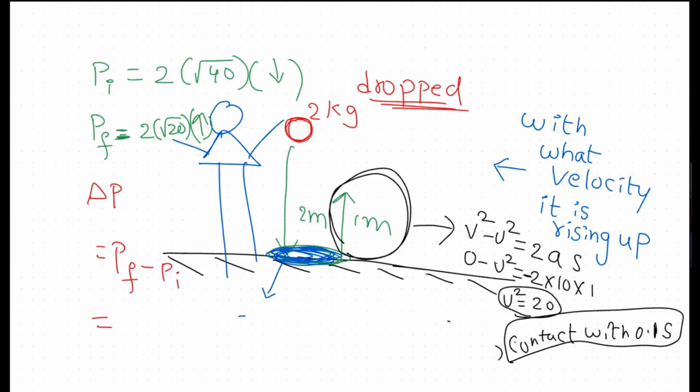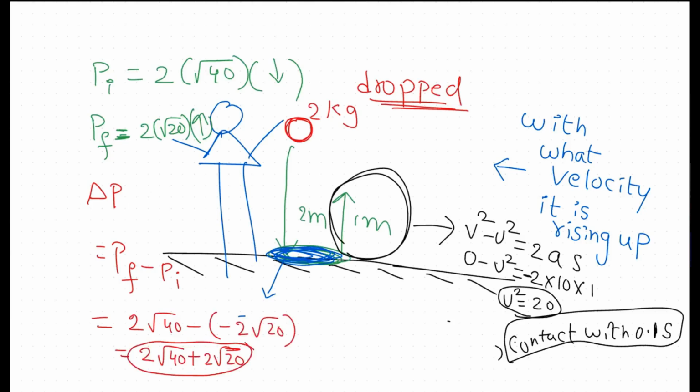So basically it will become 2 root 20 minus of minus 2 root 40, because one is upward, other one is downward. So 2 root 40 plus 2 root 20. How much force is applied by the ground means what you should do.